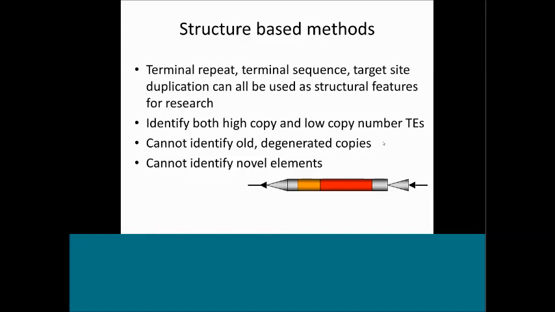Also, the structure-based method depends on the knowledge of existing elements. For example, if I tell the program to detect the LTR retrotransposon, it will detect the LTR retrotransposon. So it will not detect any novel elements that were not discovered previously. So these are the limitations of structure-based methods.